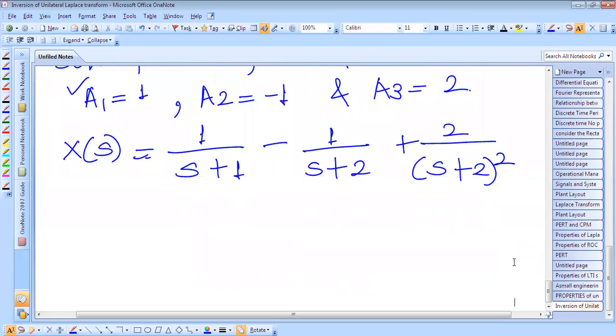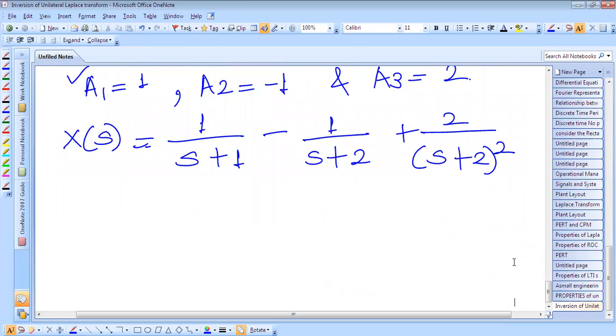Okay, now we have to use the basic Laplace transform properties, and we may construct this x of t. We may find the inverse Laplace transform of each term in the partial fraction expansion as follows.